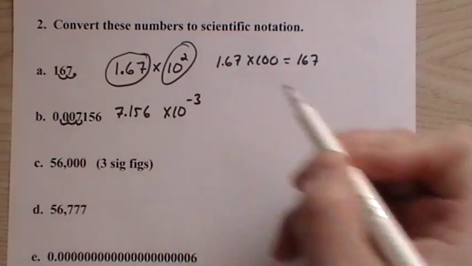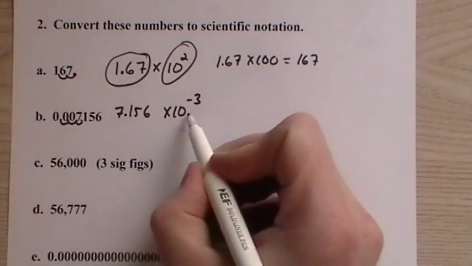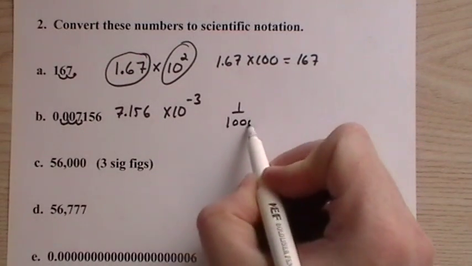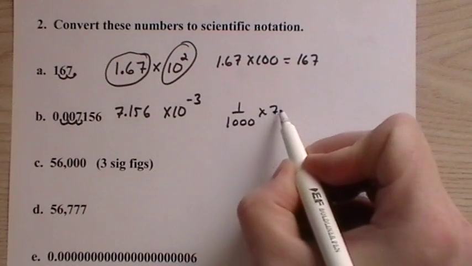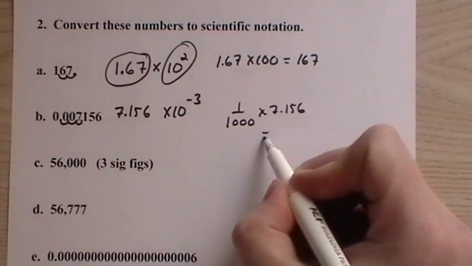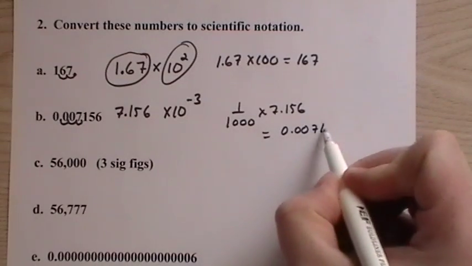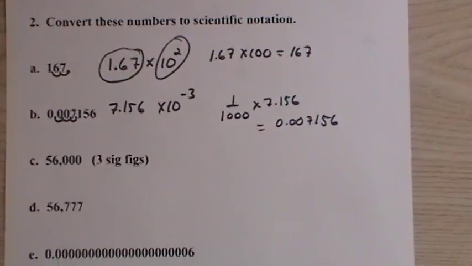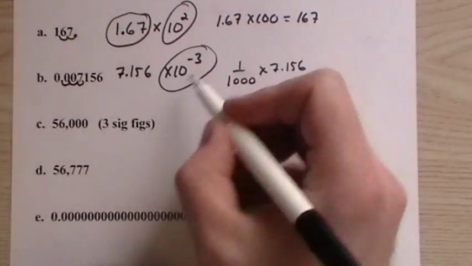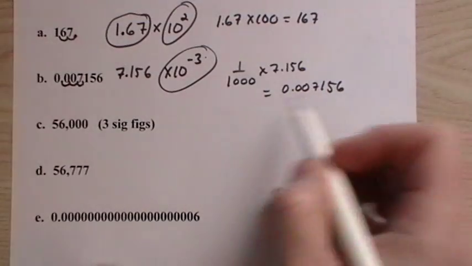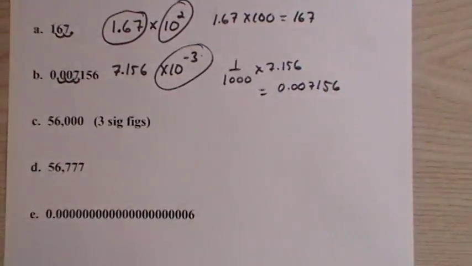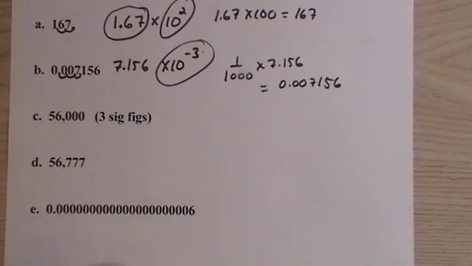We can't lose any of those numbers, we have to keep them all. 10 to the minus 3 is 1 over 1,000 times 7.156, and that would give us back our original number. So you can just learn it as moving this decimal place over gives us this number, but you should understand really at this point what's going on as far as the math. It's the same number, it's just in a different form.